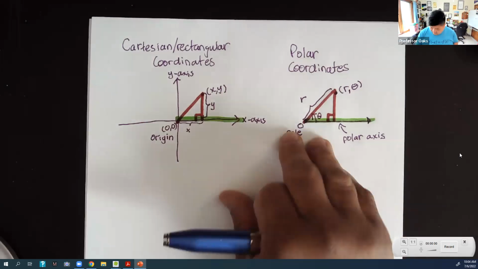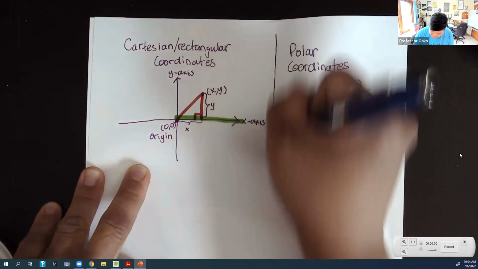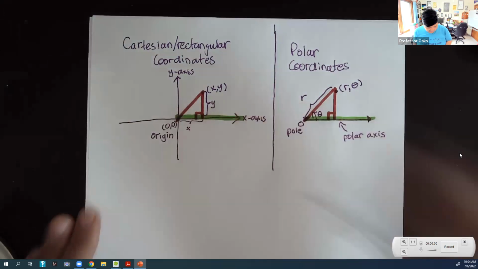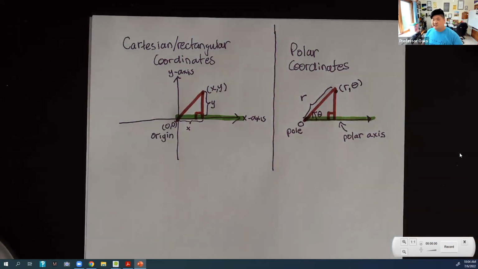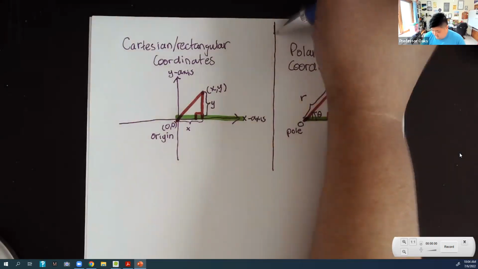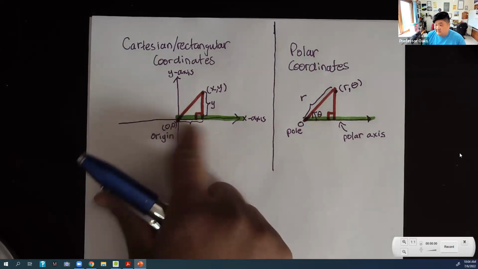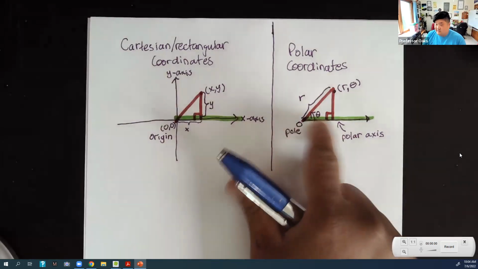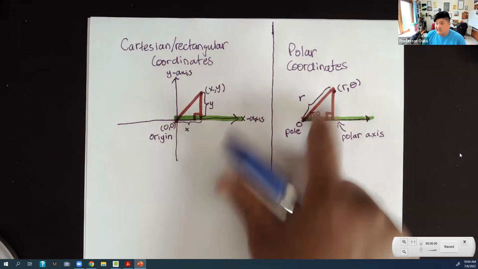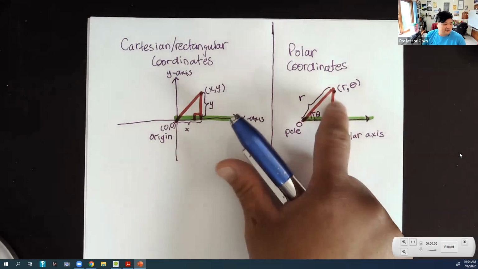So they're exactly the same thing, but the way that you look at it is different. It's whether you want to use the two sides of the triangle to find the point, or the angle and the hypotenuse of the triangle to find the point.